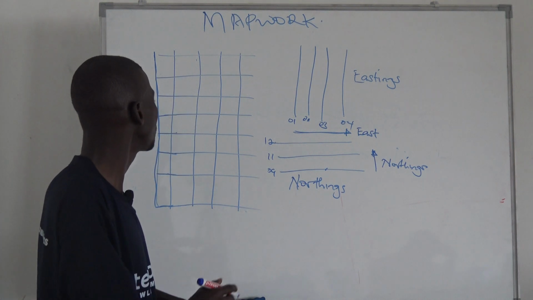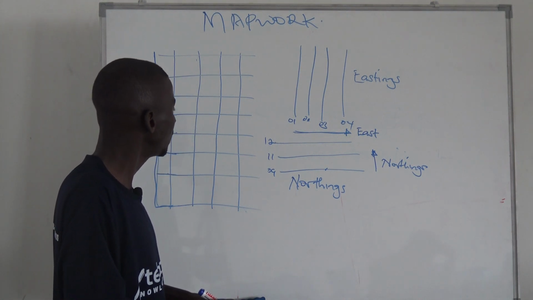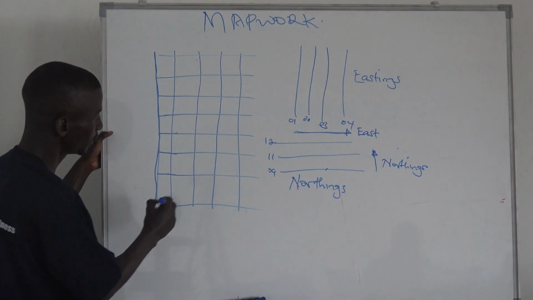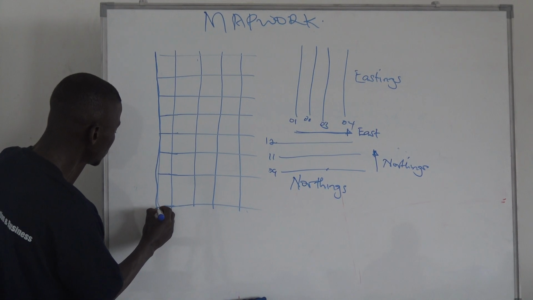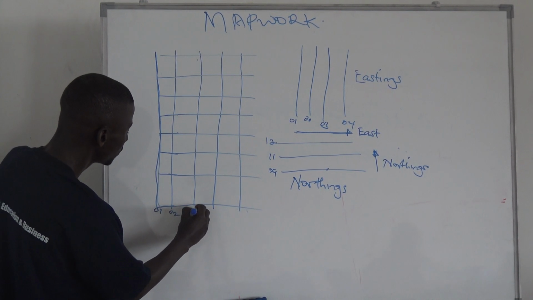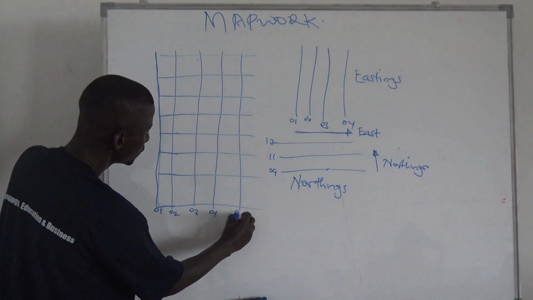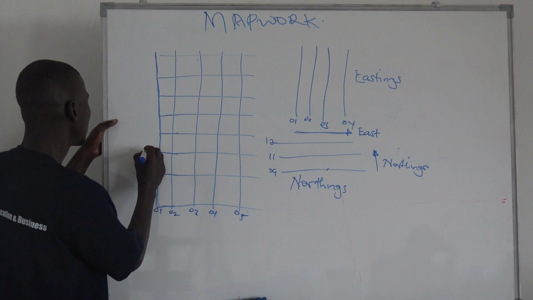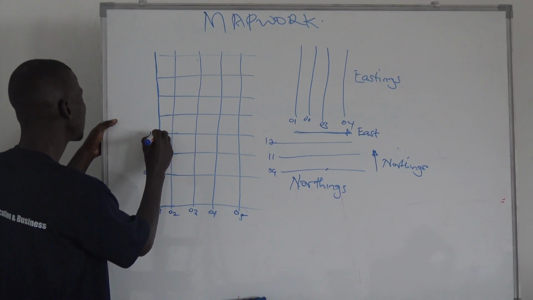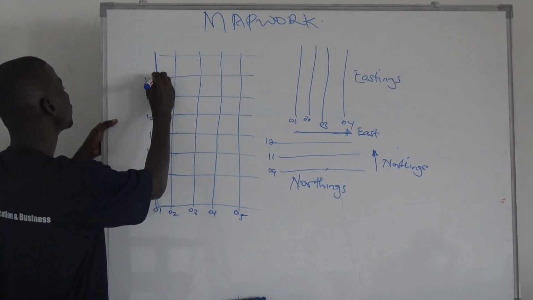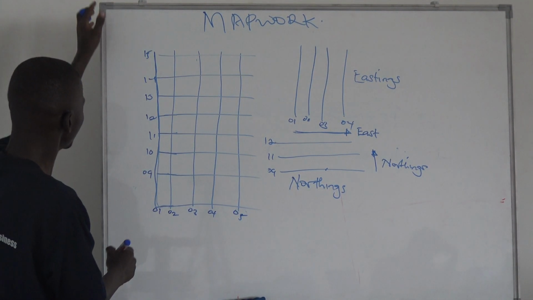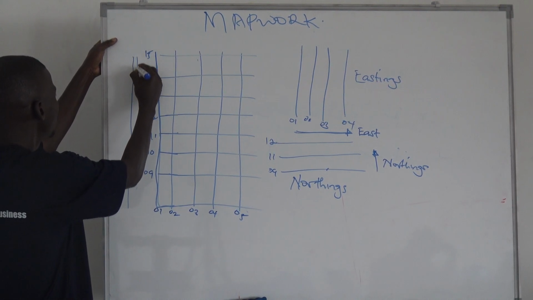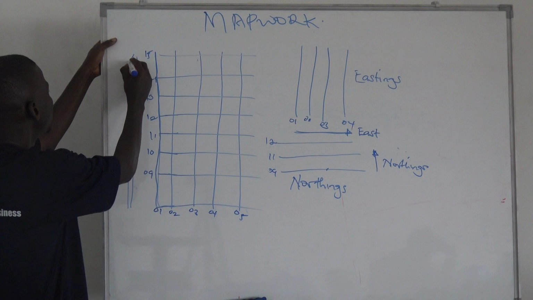Whenever you are told to state the grid reference, usually we are required to begin from the eastings, then we go to the northings. Take an instance, this is 01, 02, 03, 04, 05. This is 09, this is 10, 11, 12, 13, 14, 15. So I've told you that these ones which are going to the north are referred to as the northings.